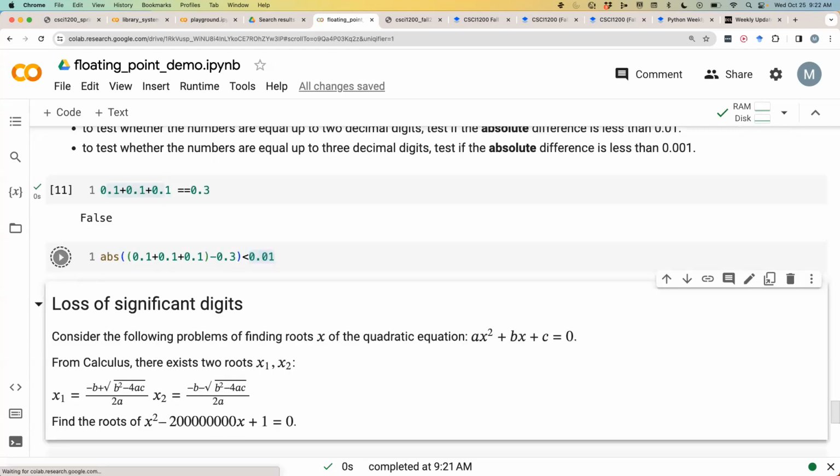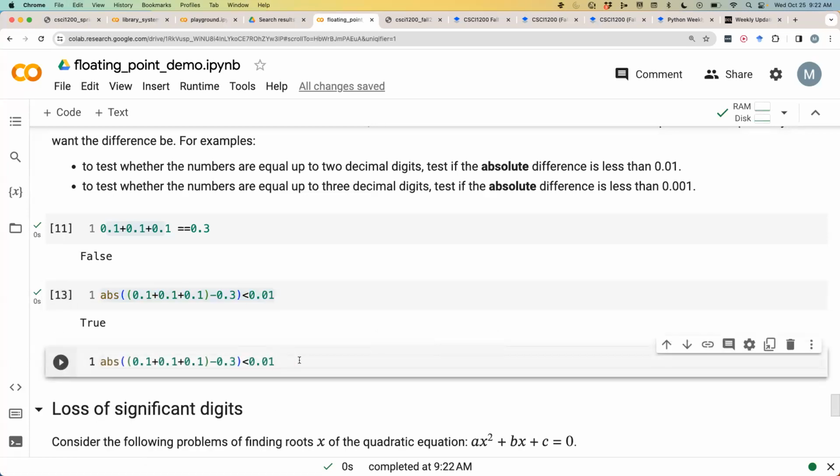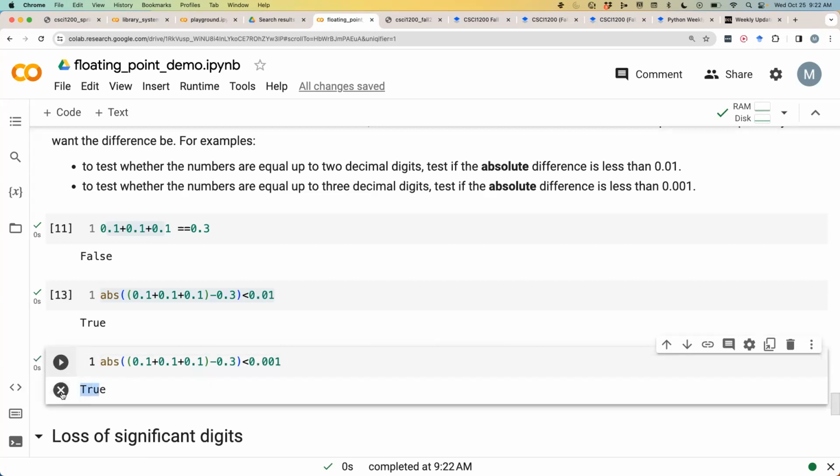Okay, so if this is true, which means that this number here, the sum of 0.1 plus 0.1 plus 0.1, is very close to 0.3. In fact, they are equal up to 2 decimal points. Now if you want to check whether they are equal up to 3 decimal points, you do 0.001, and it's true, they are equal up to 3 decimal points.